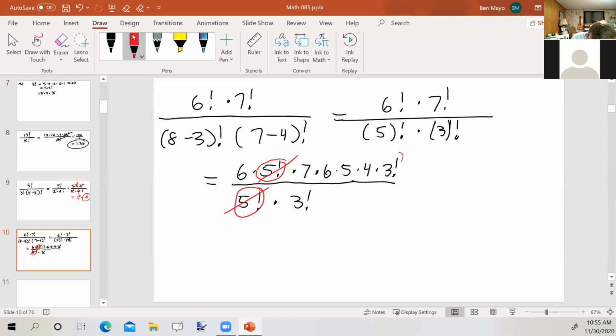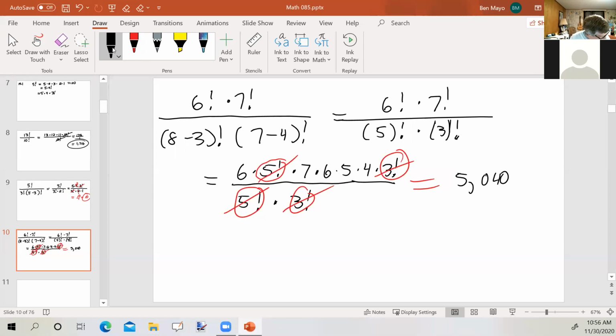I took 7 factorial and broke it down so I could get rid of that. Okay, so now I've got 6 times 7 times 6 times 5 times 4, which is 5,040. Any questions on that one?